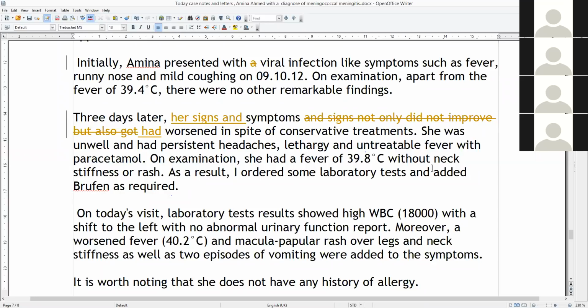On examination, fever, ibuprofen as required. A fever which was untreatable with paracetamol. Okay, so that adjective needs to move.